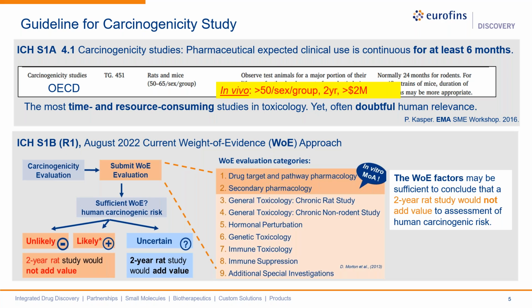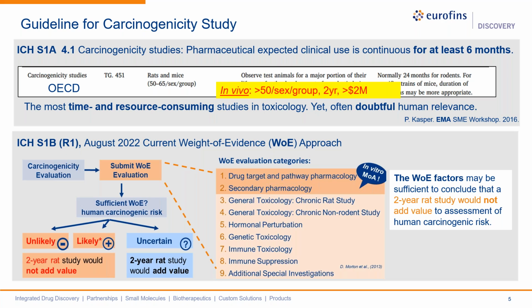This study involves hundreds of animals, normally a 2-year study and maybe 1 more year for analysis and the data report. Animal numbers typically consist of 50 to 65 animals per sex per dose level, with 3 dose levels and double control groups, at a cost exceeding $2 million. This was considered the most time and resource consuming study in toxicology.